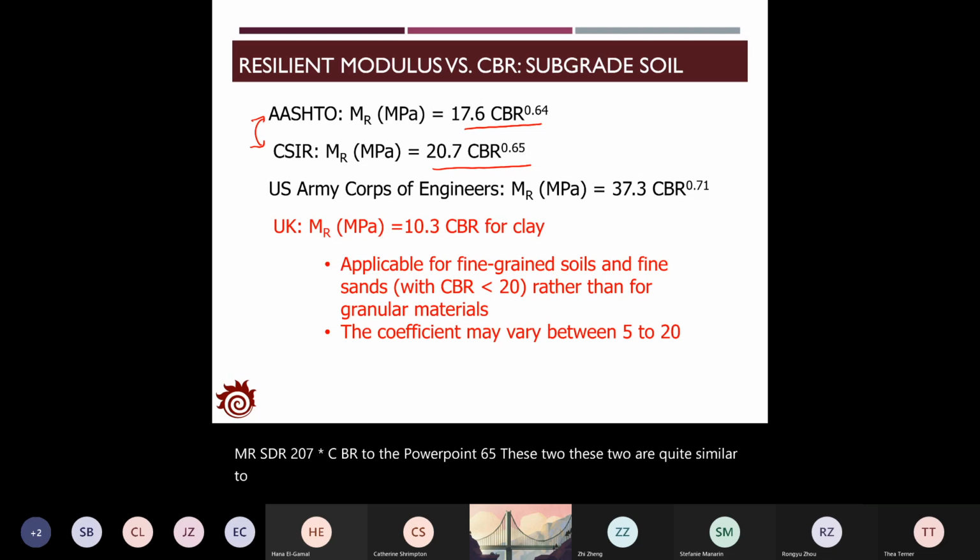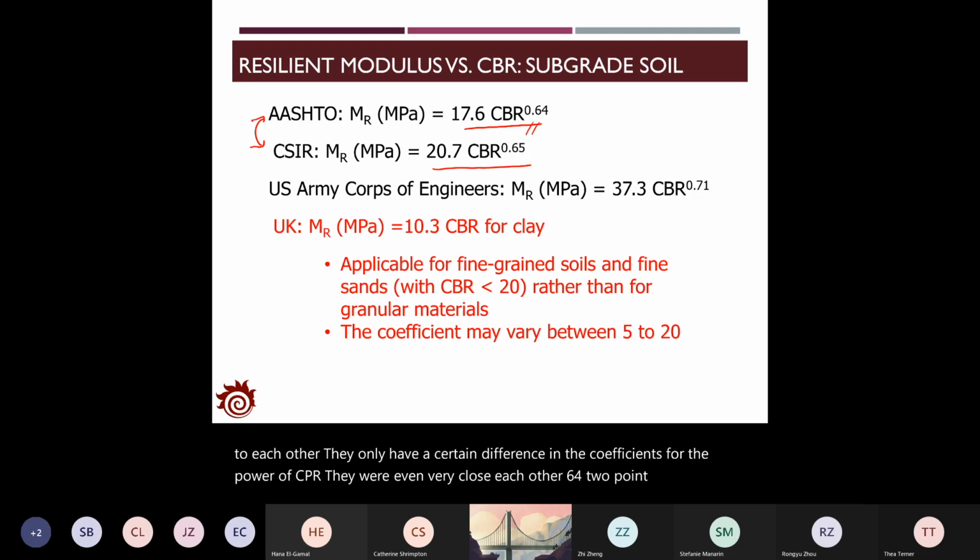They only have a certain difference in the coefficients. For the power of CBR, they are very close to each other, 0.64 to 0.65. But for the coefficients, it's a little bit different. Basically, the CSIR can use the CBR to measure the larger resilient modulus.